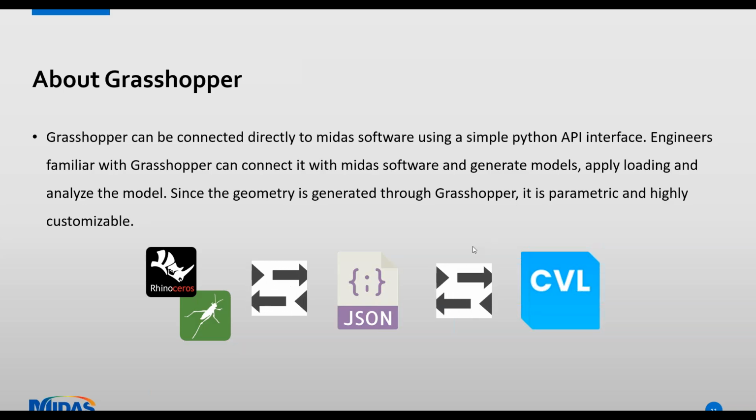So engineers familiar with Grasshopper can connect it with the MIDAS software, generate the models, apply the loads, and analyze the model as well. Since the geometry is created through Grasshopper, it is parametric and highly customizable. So let us see how, through Grasshopper and linking with Civil NX by a JSON format, we can make the modeling as well as the optimization easy.